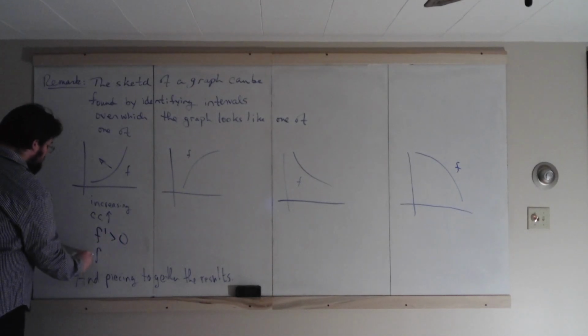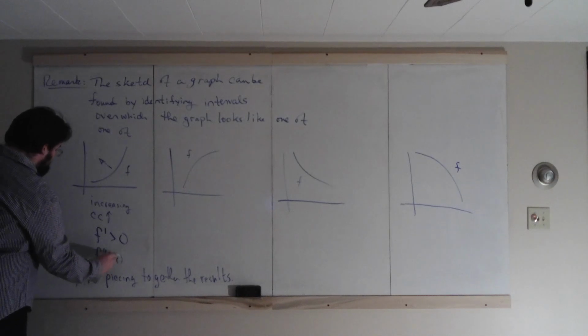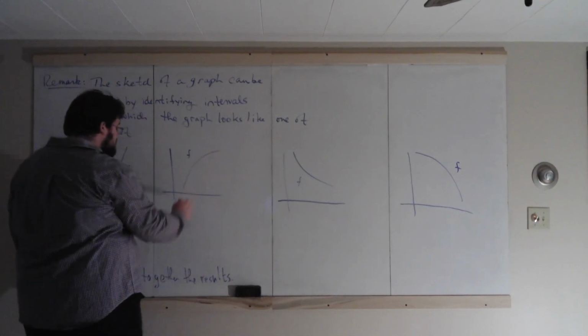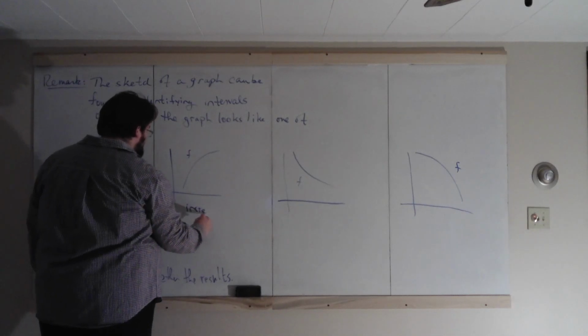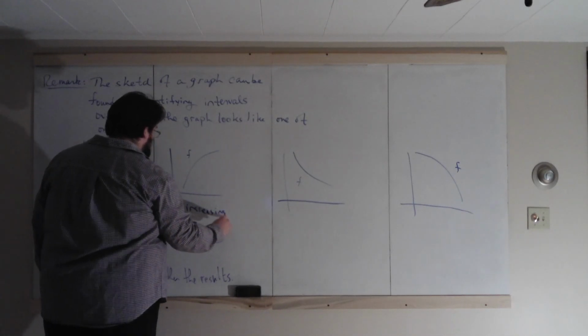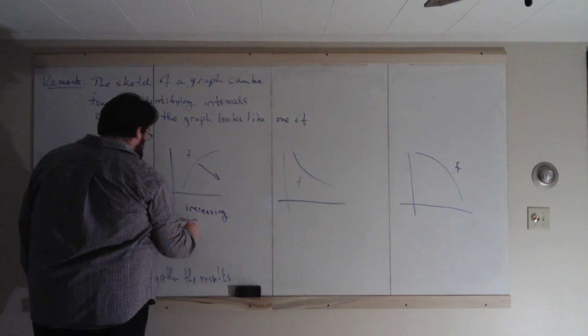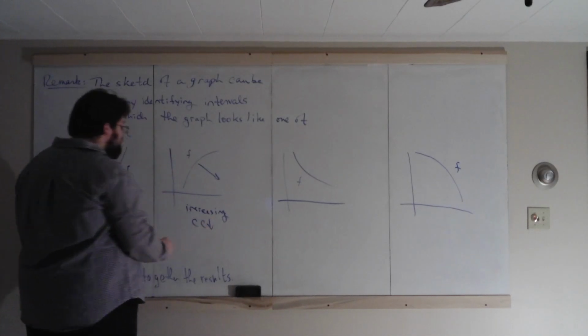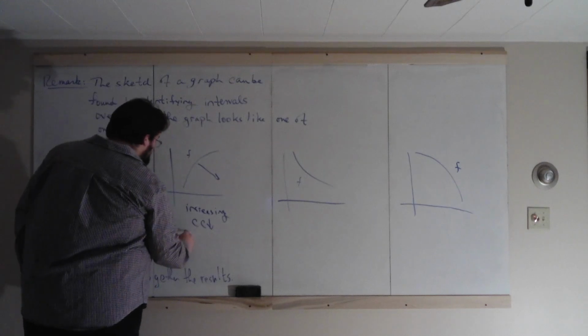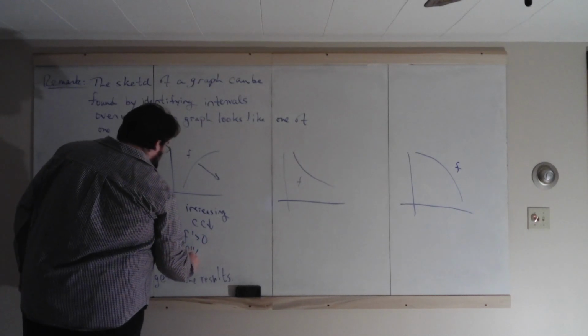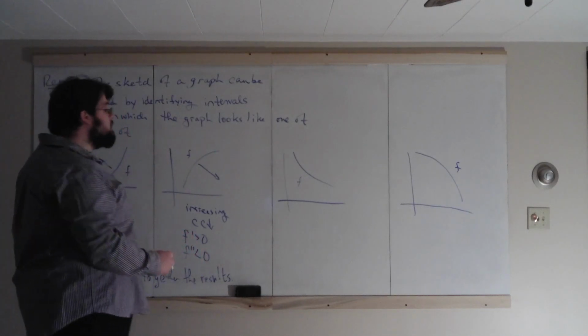Concave up, second derivative is positive. Well, that's wonderful. What about this next one? Well, this is also increasing. The caved portion points down. So concave down. Well, increasing, first derivative is positive. Concave down, the second derivative is negative.